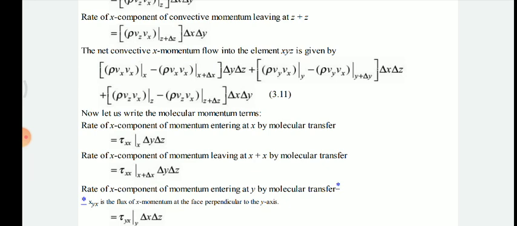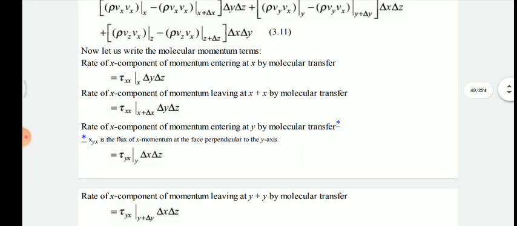So molecular momentum terminology is for rate of x component of એન્ટરિંગ એટ એક્સ બાય મોલેક્યુલર ટ્રાન્સફર. તો મોલેક્યુલર ટ્રાન્સફર માટે જ્યારે એન્ટર થાય છે ત્યારે શું થશે? તો ત્યારે ટાઉ xx at x પોઈન્ટ and another point is delta y and delta z. સિમિલર શું થશે? એક્સ કમ્પોનન્ટ આઉટ જ્યારે થાય છે, લિવિંગ ઓફ ધી momentum. So that is tau xx at x plus delta x point and other point is delta y and delta z.